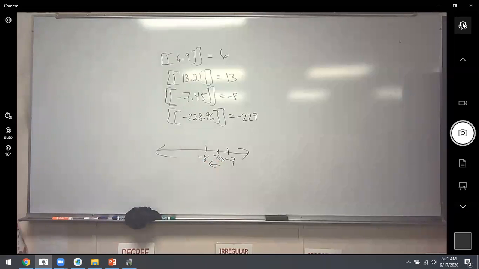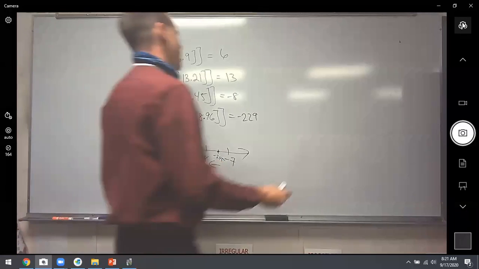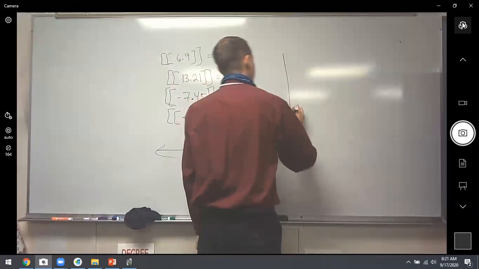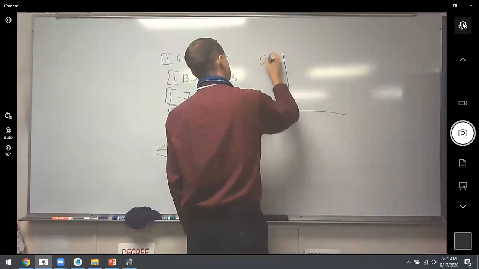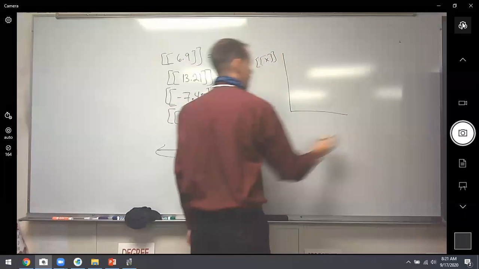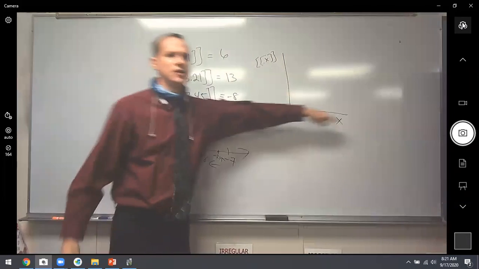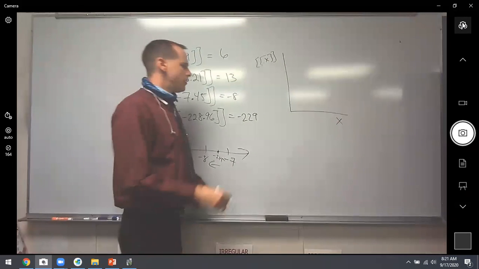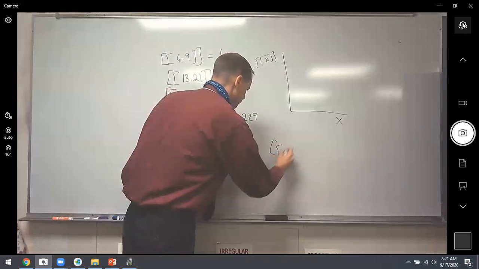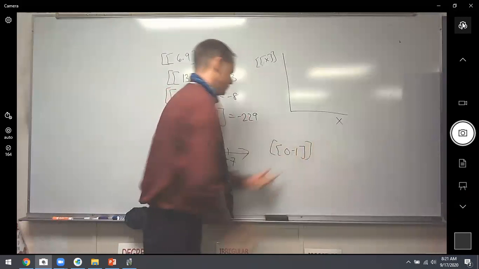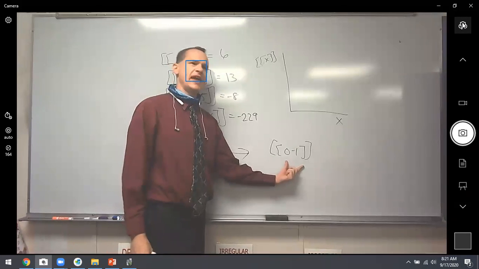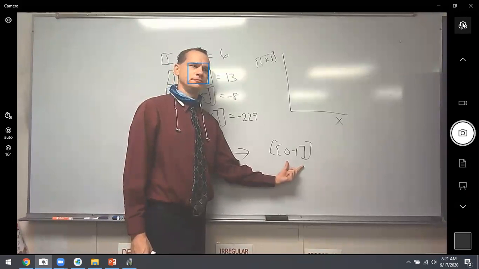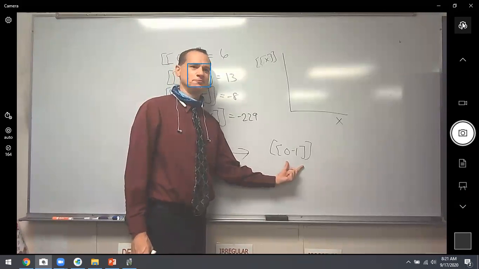Now, what's the graph going to look like? Let's graph this floor function. So I'm going to plug in a number, and you're going to tell me what the floor is coming out, okay? Any number between 0 and 1. Pick any number at all. What do you get out? 0.1.